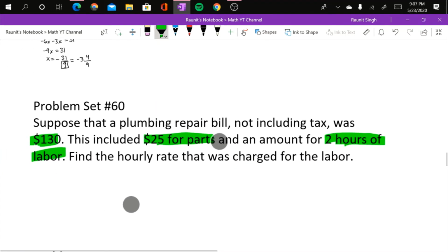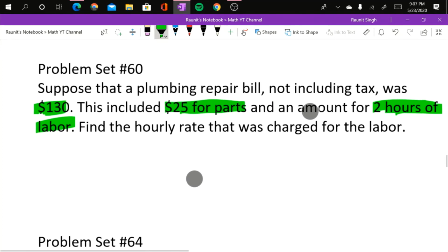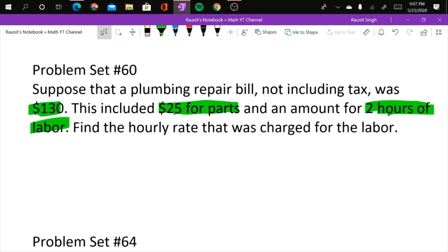In the example that I shared in my section 2.1 video, there was a problem similar to this, except we had to find the hours of labor that was required. Now in this one, we have to find the hourly rate of the labor.